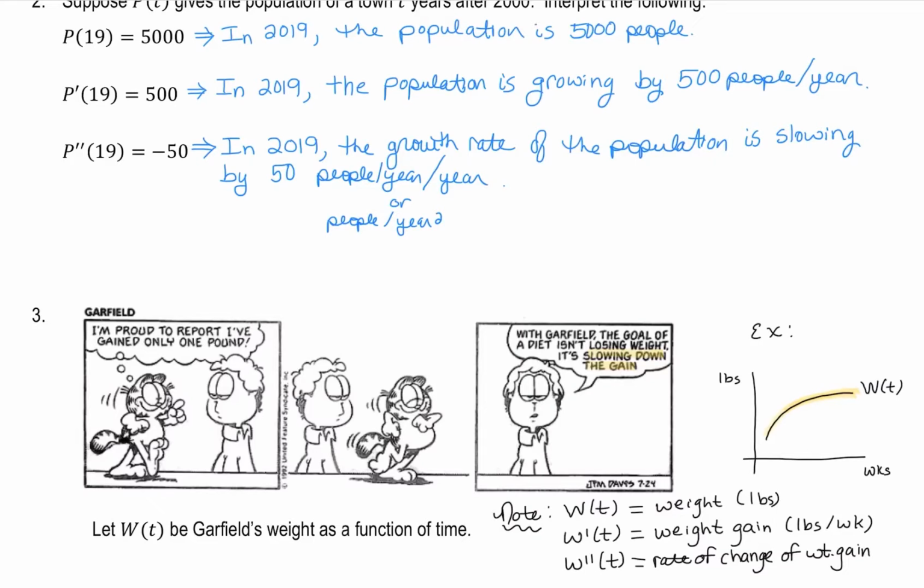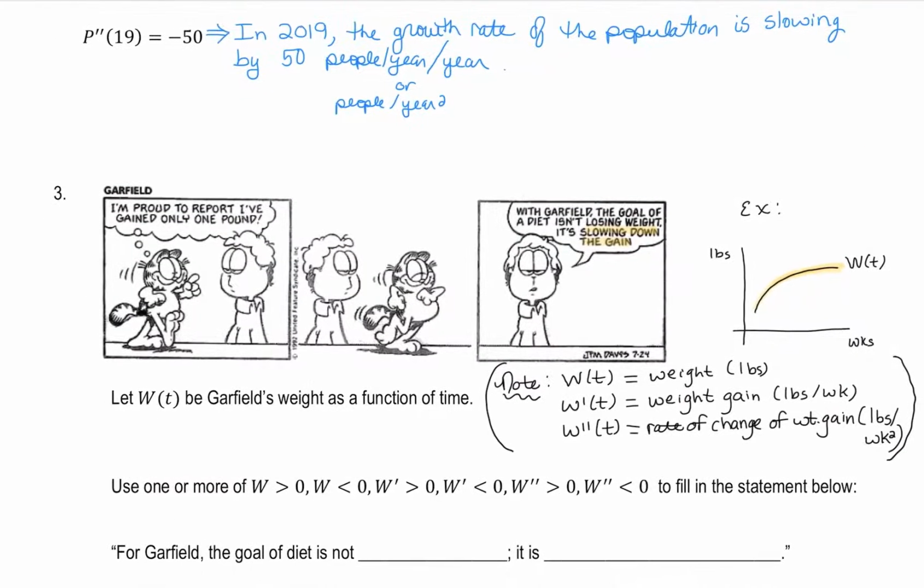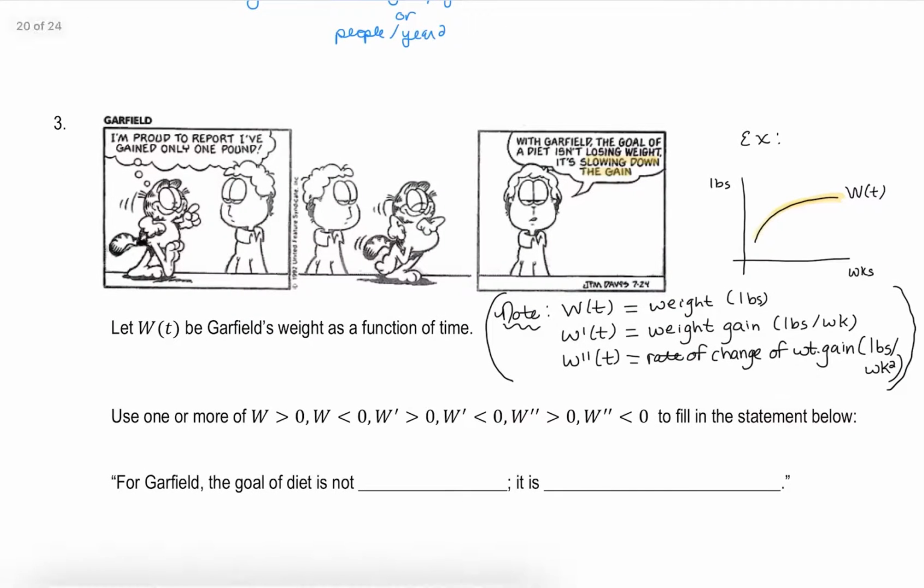So it's how fast his weight gain is changing in pounds per week squared. Okay, so that's just familiarizing ourselves with the functions before we look at filling in the appropriate inequalities.